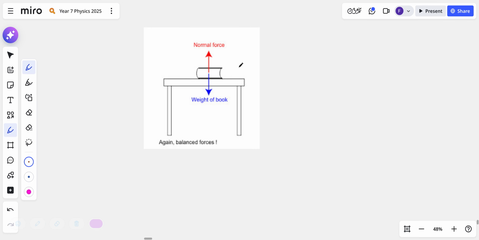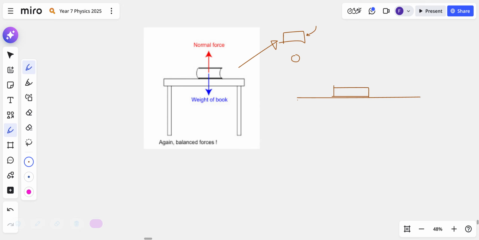So we either use a rectangle or a circle, it's your choice, to represent something. That can be a car, a ball, an aeroplane, it really doesn't matter. I'm going to use a rectangle because it looks like a book. So here's my rectangle. If I want to draw a table, I just draw a straight line underneath it.